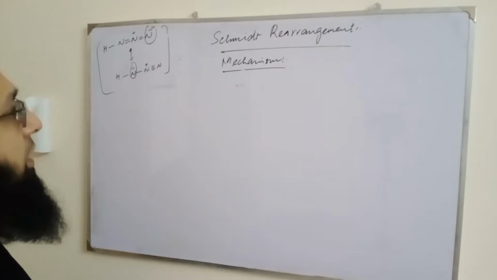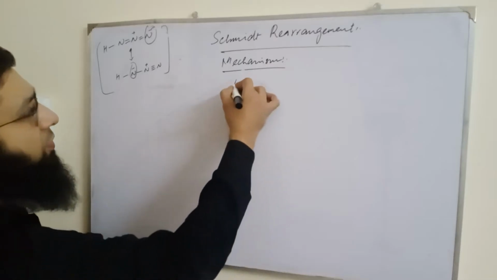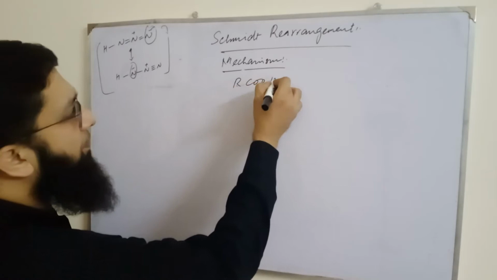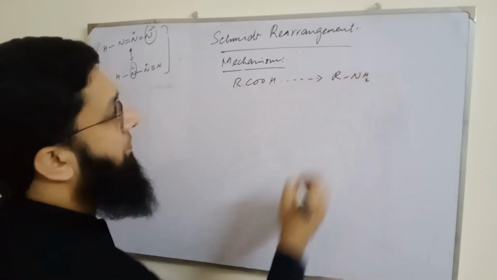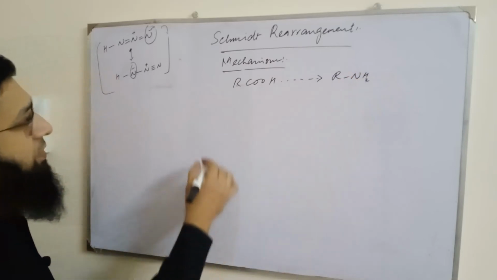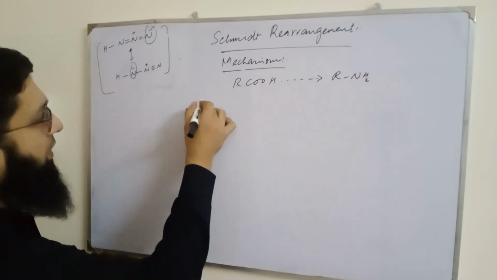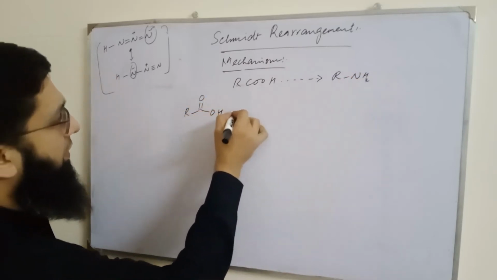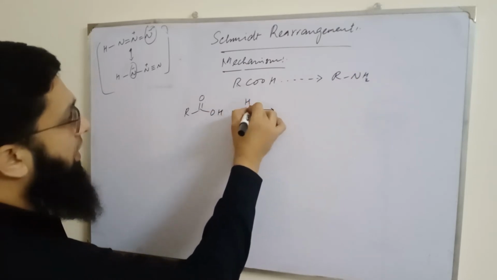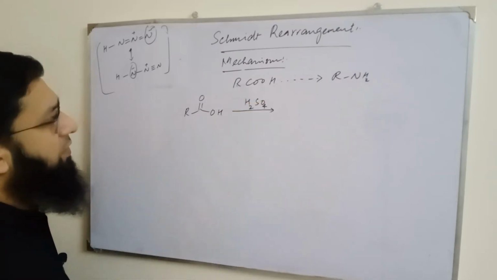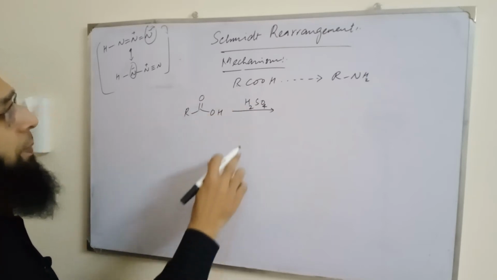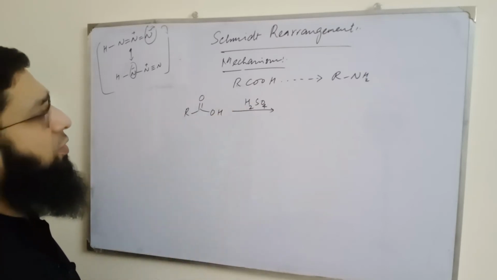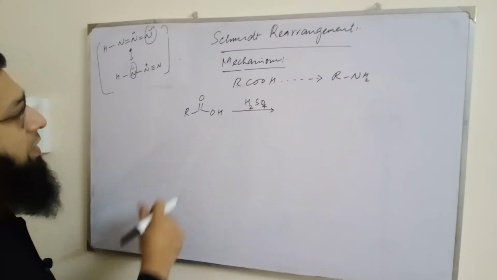We see the next mechanism. Next mechanism is the conversion of carboxylic acid to corresponding amine. In this case, in the first step, carboxylic acid is reacted with sulfuric acid, because in this case both are acids. However, sulfuric acid has lower pKa value than carboxylic acid.